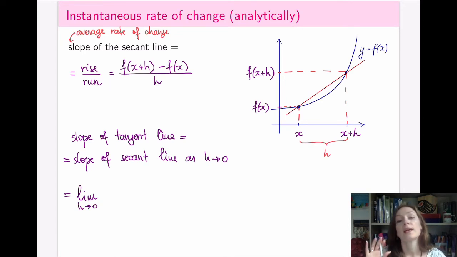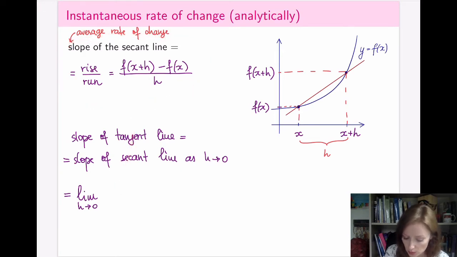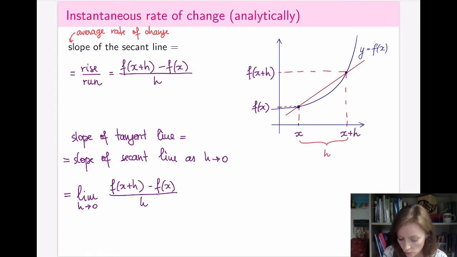and we're going to spend the entirety of the next chapter discussing what limits really are. I need to take that slope of the secant line within this limit. The slope of the secant line is something that I've already derived here, so it just goes here. So it's the limit of f of x plus h minus f of x all over h.